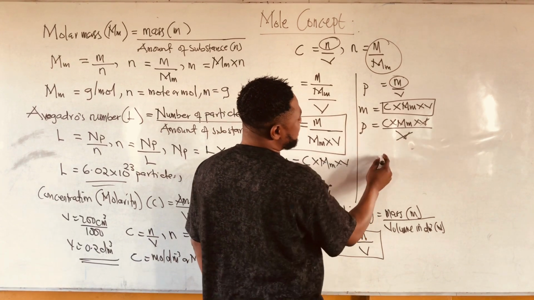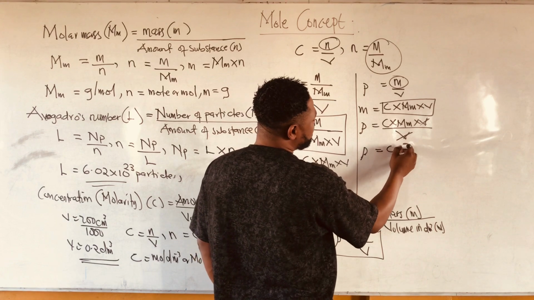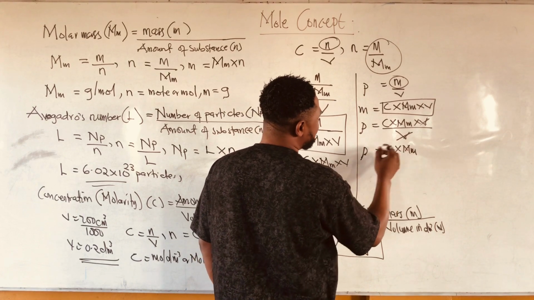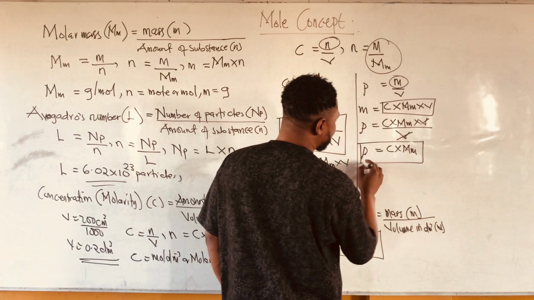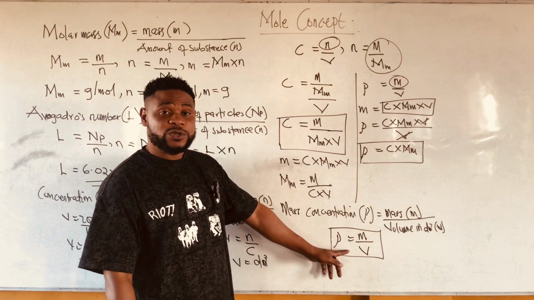And this will cancel this. Then mass concentration will be equal to concentration times molar mass. So we can also use this formula for mass concentration, as well as the earlier formula.